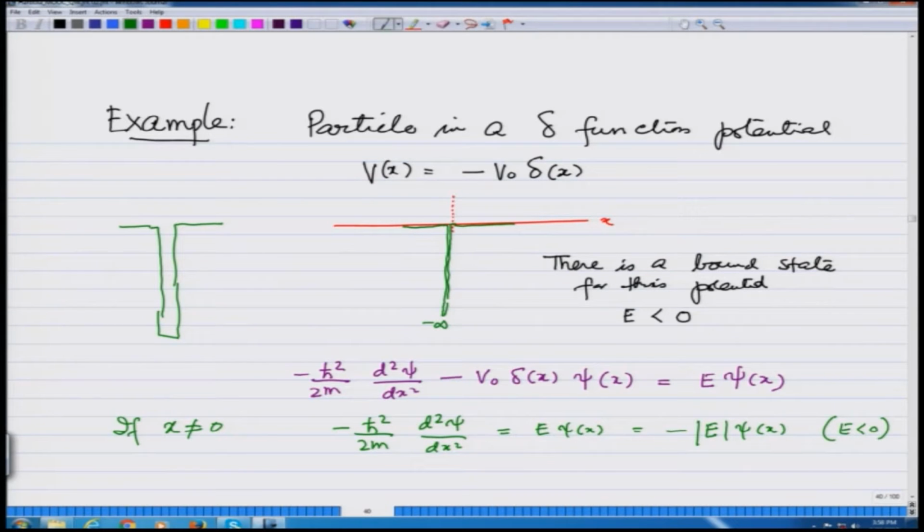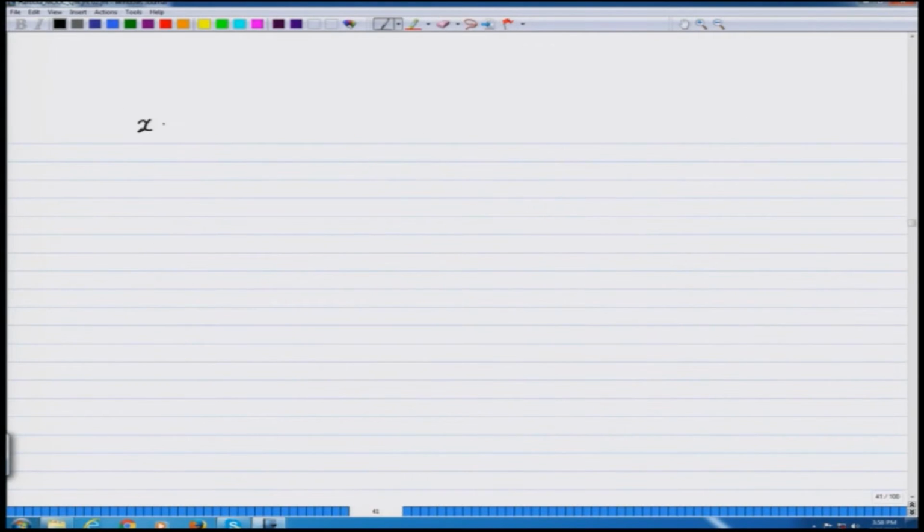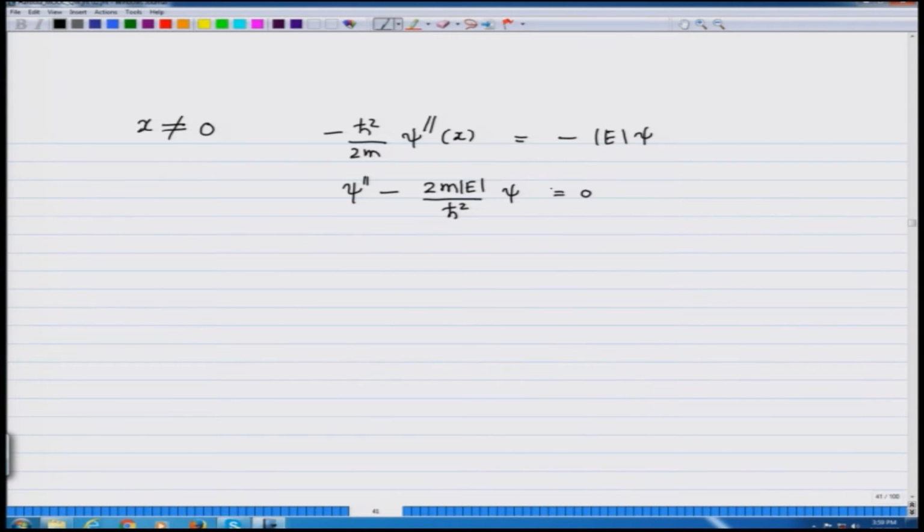And what will happen at x equal to 0? I will show you in a minute. So, for x not equal to 0, I have minus h cross square over 2m psi double prime equals minus modulus of E psi, and therefore, psi double prime minus 2m modulus E over h cross square psi equals 0.